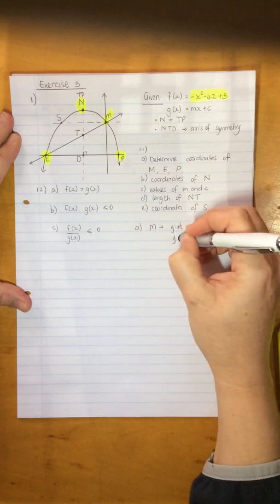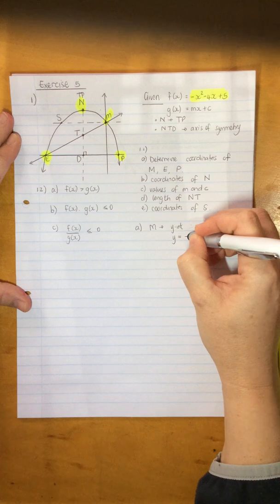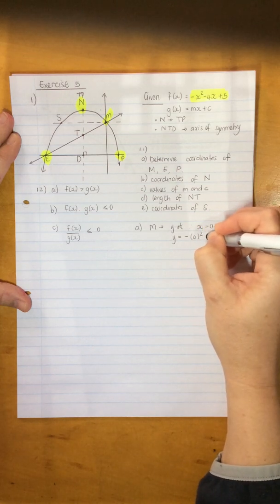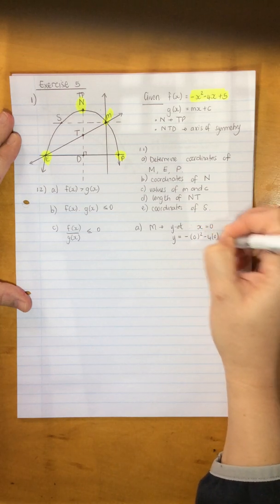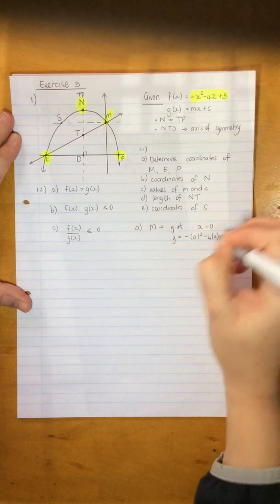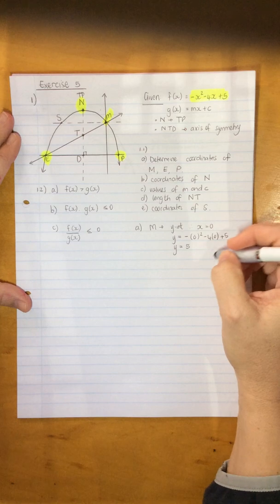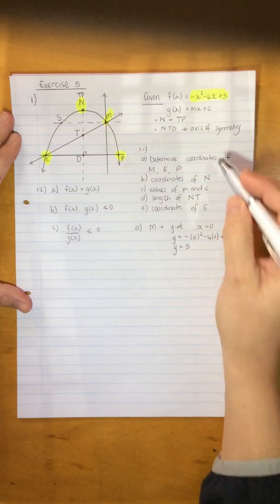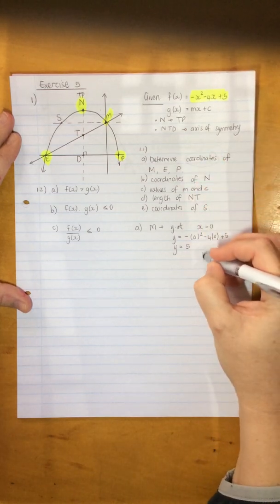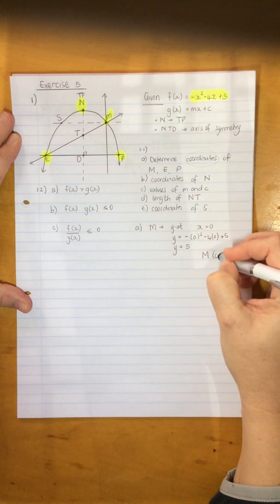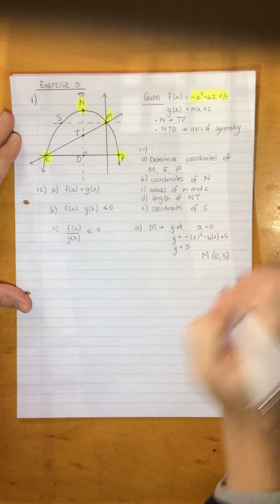So that means y is equal to, I don't have to do this, I'm just showing all of you the substitution. I could have from the start just said y is 5, but they did ask me for the coordinates. So M is 0 and 5.